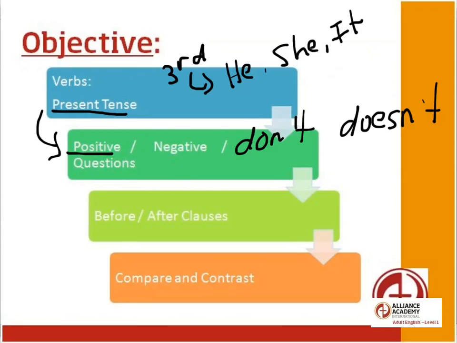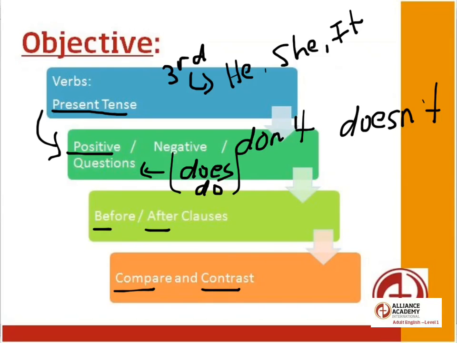We also knew to use does or do when we make a question. Does he like apples? Does he go to work? Do they watch TV? We looked at how to use before and after clauses. And the last thing we looked at was compare and contrast.